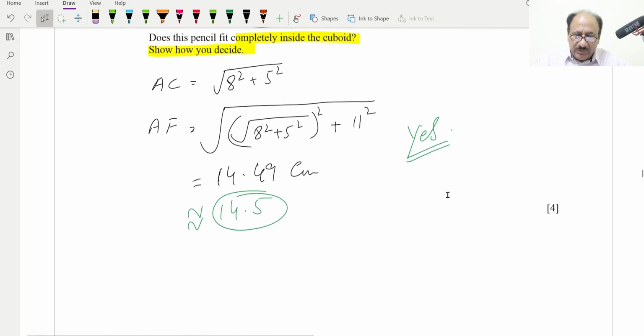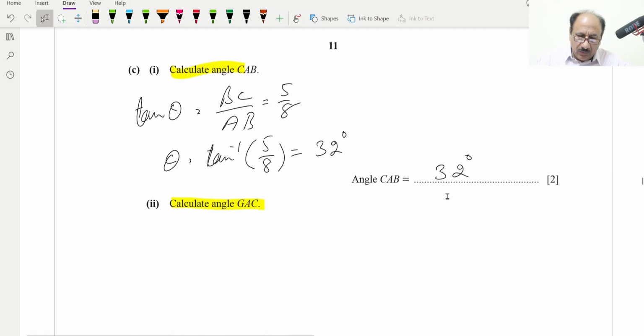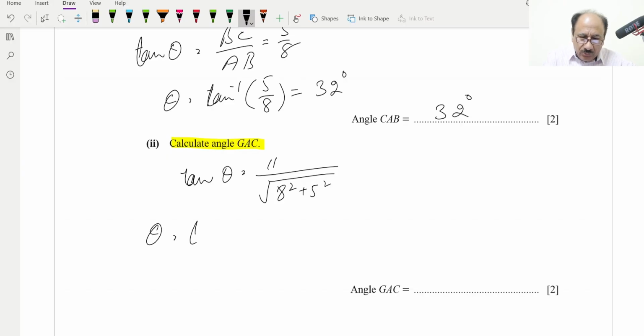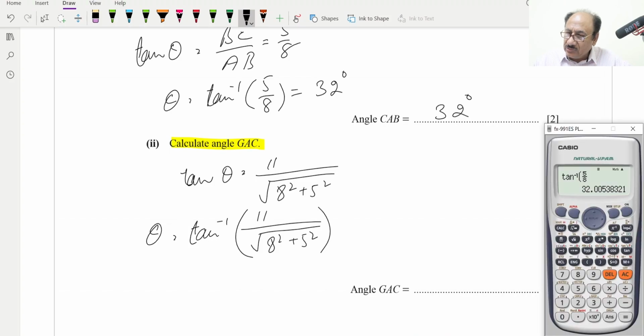So tan theta is equal to 11 over the square root of 8 squared plus 5 squared. So this implies theta is equal to tan inverse of 11 over the square root of 8 squared plus 5 squared, and the rest is just calculation.